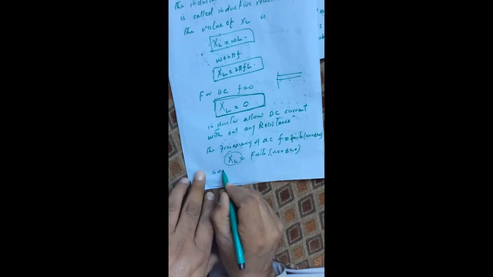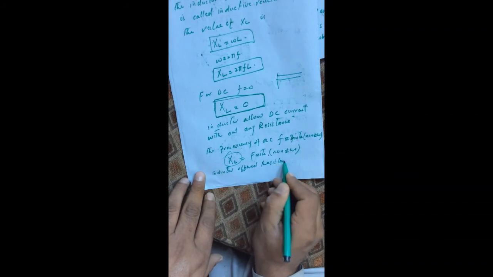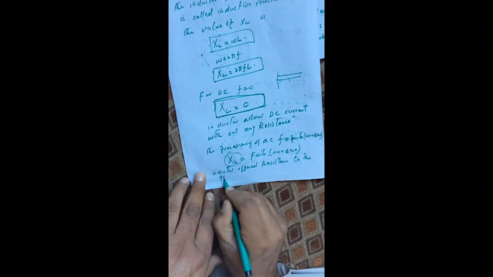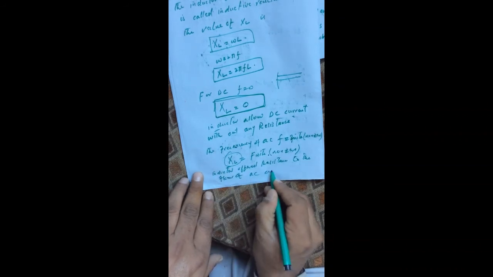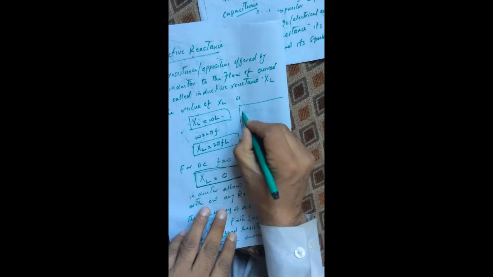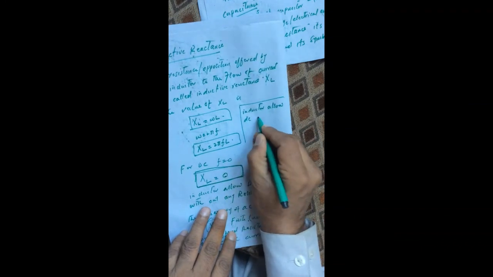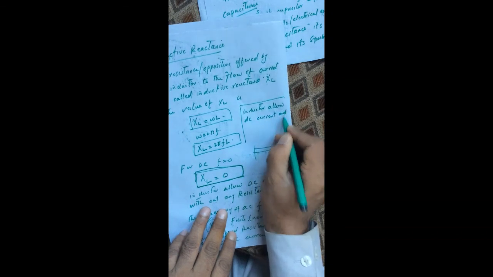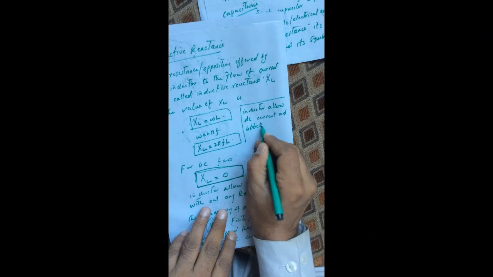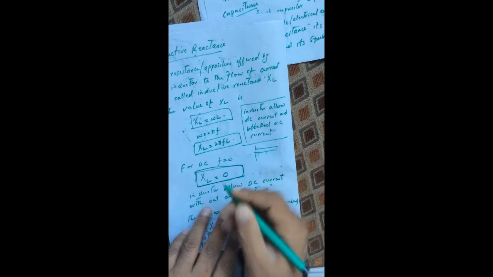The inductor tries to block AC current. So in summary, I can write: an inductor will allow DC current and block AC current, while a capacitor will allow AC current and block DC current.